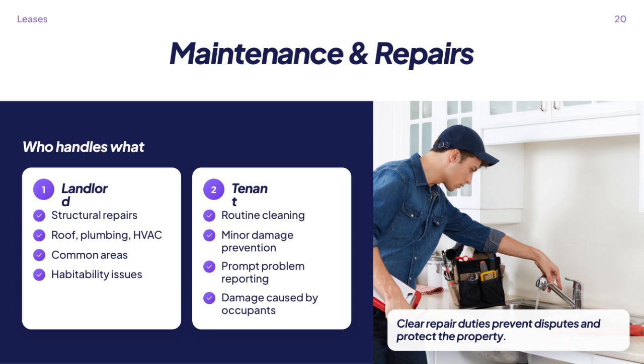On the other hand, tenants are generally responsible for routine cleaning, preventing minor damage, and promptly reporting any issues that arise. They also need to take care to avoid causing damage to the property. Establishing these clear repair duties in leases not only helps prevent disputes, but also ensures the property stays in good condition for everyone involved. This division of responsibility is fundamental to a smooth, respectful landlord-tenant relationship.